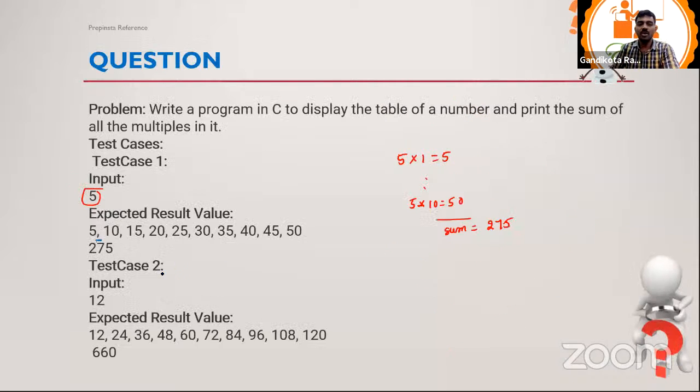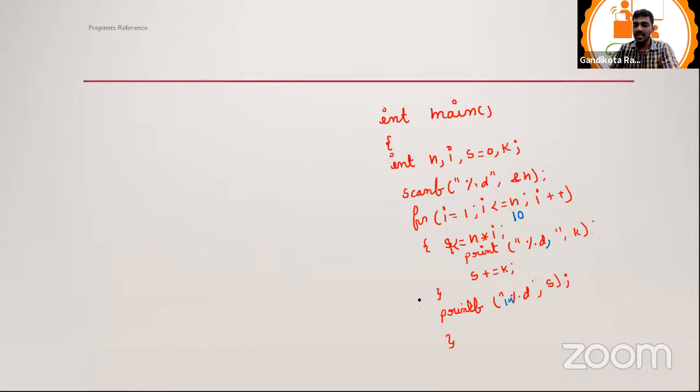Because see how they are going to print. The 275 is on the next line, right? Exactly ma. Here you should use a slash n. So you should write the code with that much care. I hope you are clear with that. Do you have any doubts here? Ask me.